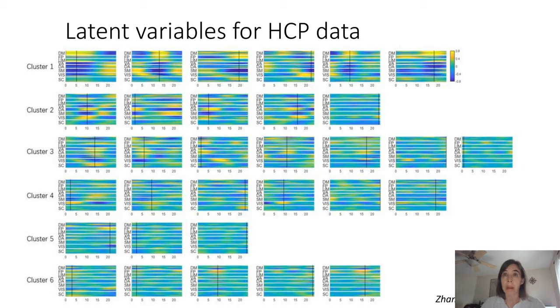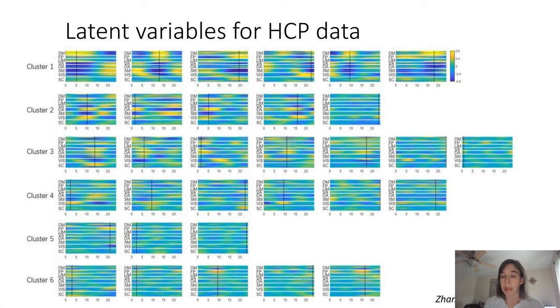They inherently have dimensions of space by time, and each point has some weighting of these variables. So for this particular display, we are showing the spatial components, where each parcel from each network is a row, and we're showing its activity over time.